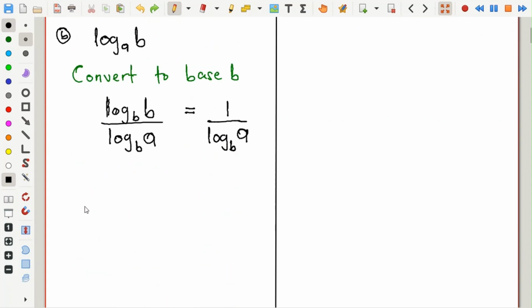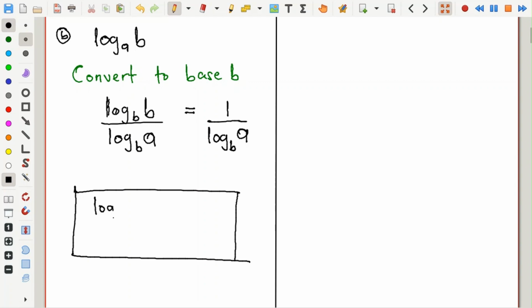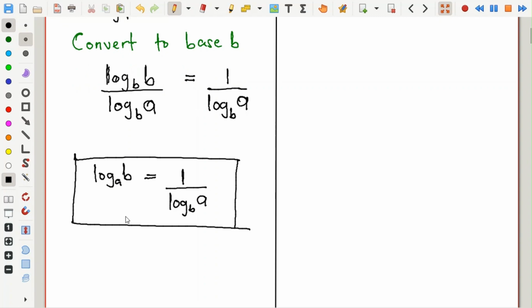So it's important to note that whenever you have log b to the base a, this is the same as 1 over, then you just swap the letters, or the expressions. People have made this into a formula, but that's how you got this.